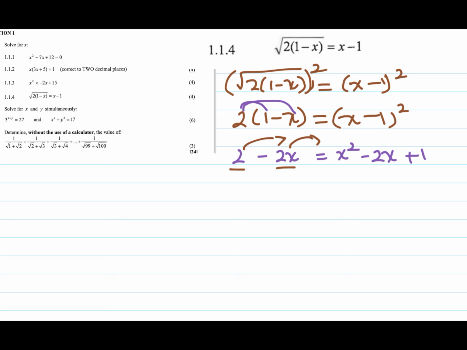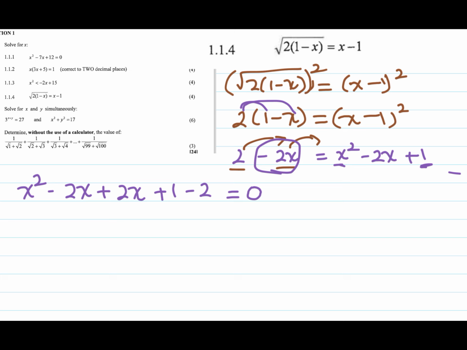We have x squared, that's that one, minus 2x, of course. And then this 2x here is going to go to the other side, so it's going to be plus 2x. Then we have plus 1, this 1 here, and then this is going to be minus 2. So it changes the sign, is equal to 0.